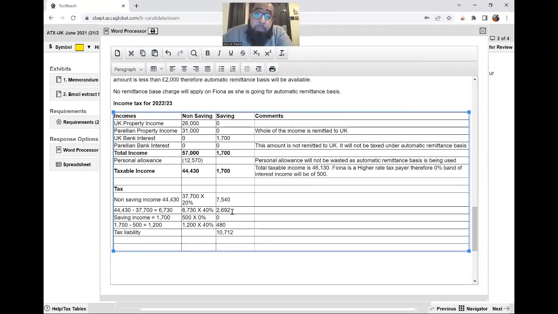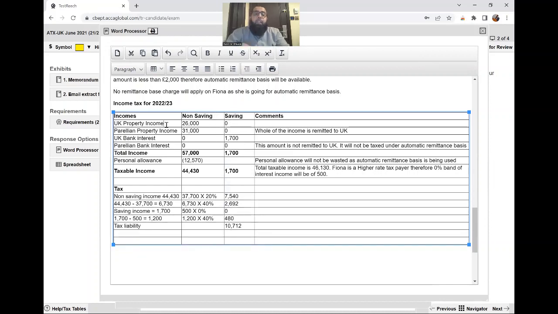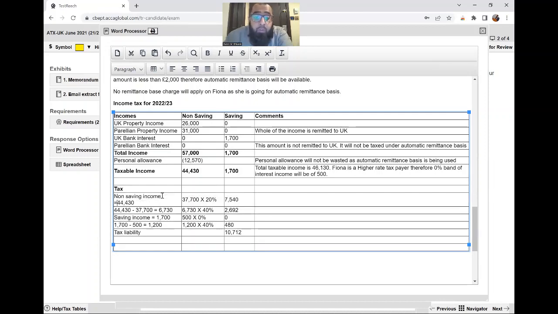Believe me, this is simple, basic clerical work. Okay? Just a second. Now, first of all, we classified the incomes in the right head. We arrived at total income, we deducted personal allowance, and we reached taxable income. From taxable income, we determined the 0% band. Then there was non-saving income of 44,430.